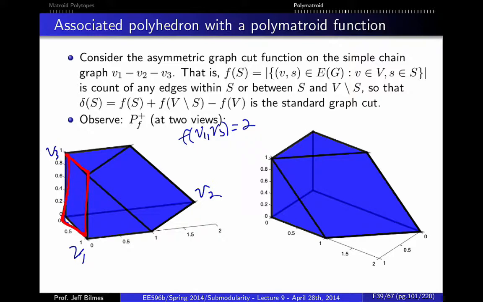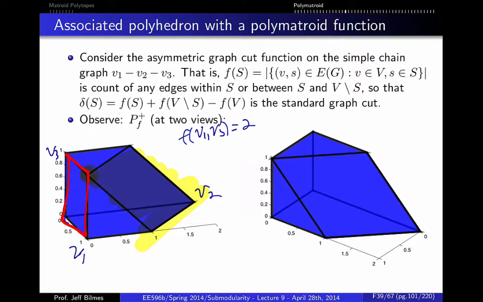On the other hand, if you look at f of v1, v2, and v3, that's equal to 2. Right? And so x1 plus x2 plus x3 has to be less than or equal to 2. And so this whole plane here is part of the constraint. So the component sum is 2 here.